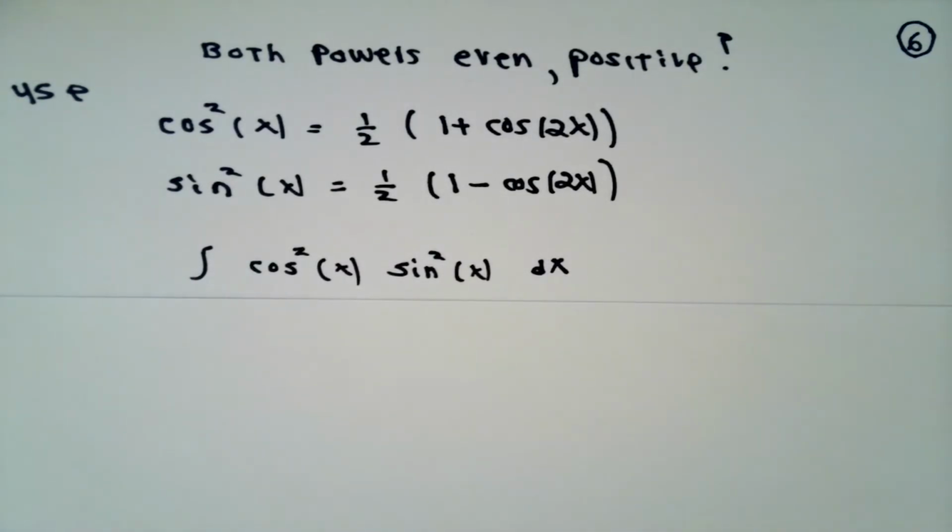As an example of this integration technique, let's look at the integral of cosine squared x times sine squared x. I don't have any odd positive whole number powers, so that's not going to help me. But on the other hand, I can express cosine squared of x and sine squared of x in terms of trig formulas that don't have any squares in them by using these two identities.